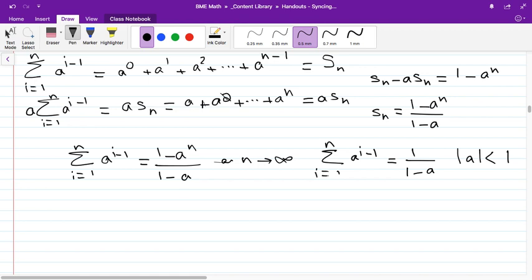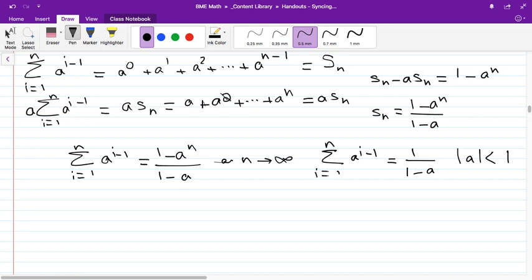As n goes to infinity, this quantity becomes 1 over 1 minus a. Do you see that? The sum of a geometric series, some a raised to a power, converges to 1 over 1 minus a.